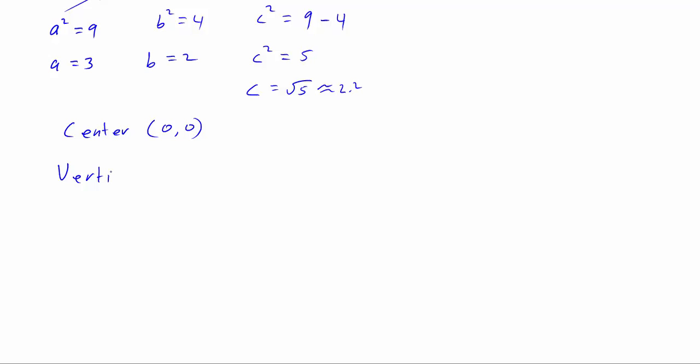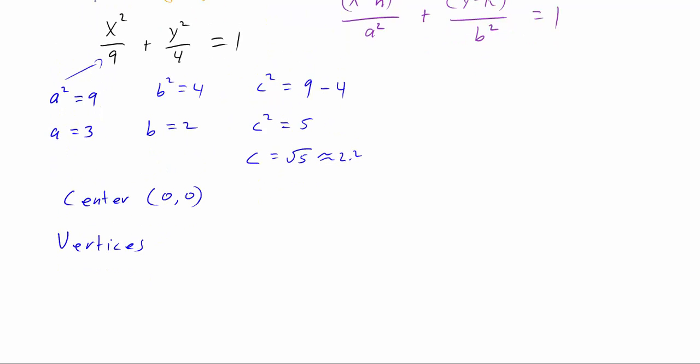So there we have the center, and then we will have the vertices. Once we know the center, we can calculate the vertices, and let's go ahead and plot that first. And again, just like we did with the parabola, it's good to draw a picture of what we're looking at. So we know the center here is going to be at the origin. So there's our center.